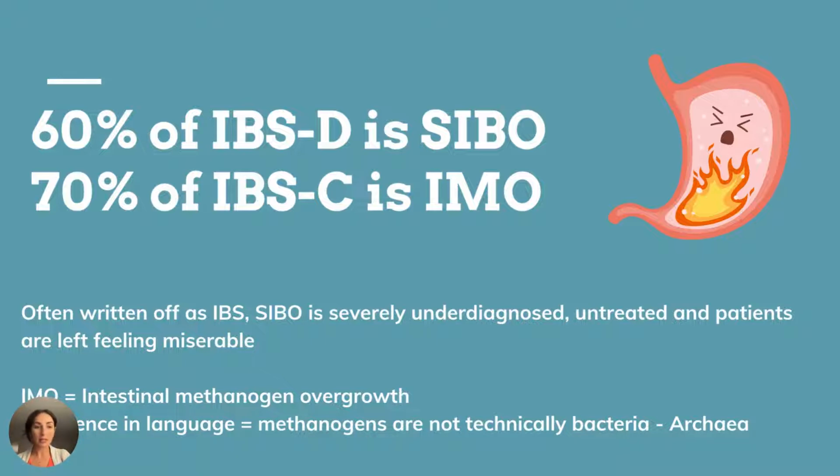And it's crazy because most of the time we find that 60% of IBS-D, which is IBS with diarrhea predominant, is SIBO, and 70% of IBS with constipation is IMO, which is basically SIBO, just categorized differently as an intestinal methanogen overgrowth. It's labeled that because it's technically not bacteria. They're called methanogens.